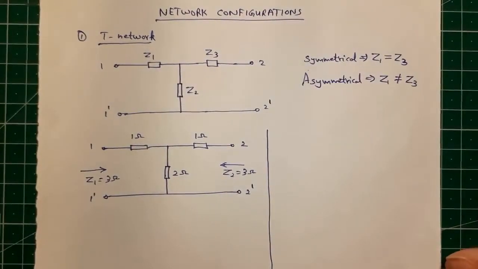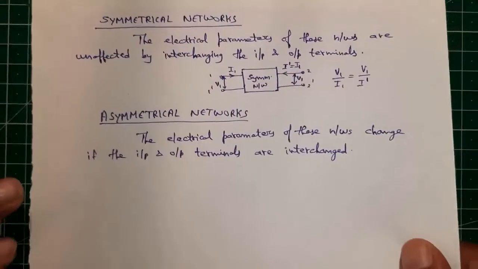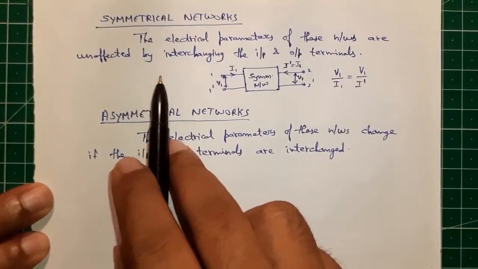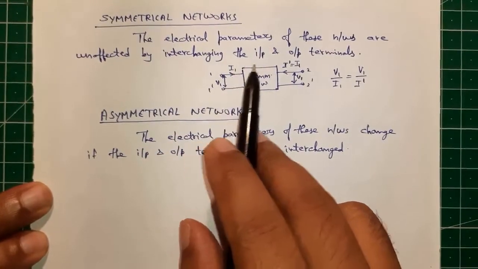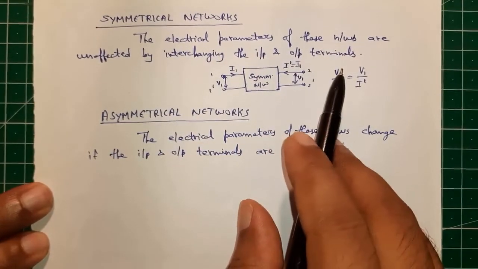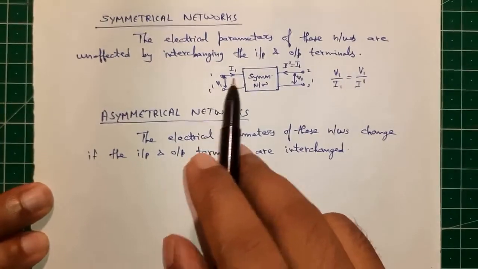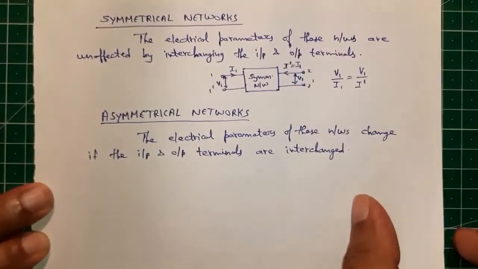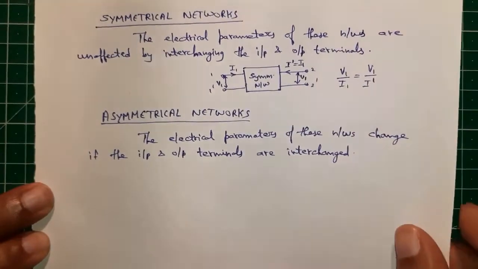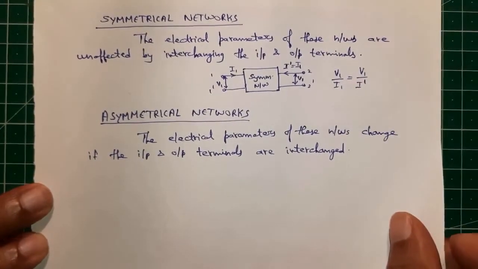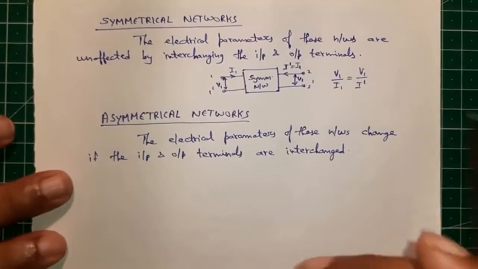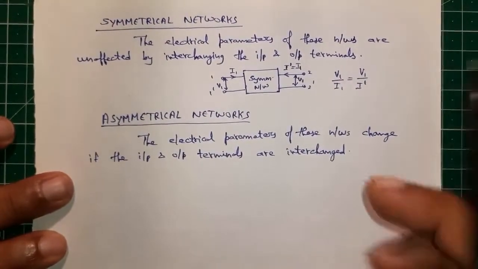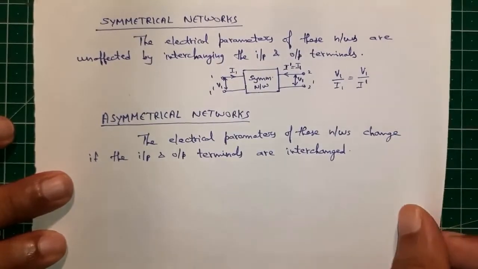So how have we defined a symmetrical network? Electrical parameters of these networks are unaffected by interchanging the input and output terminals. So we will apply a voltage V1, and we will apply the same voltage V1 at the output side also, the second terminal.